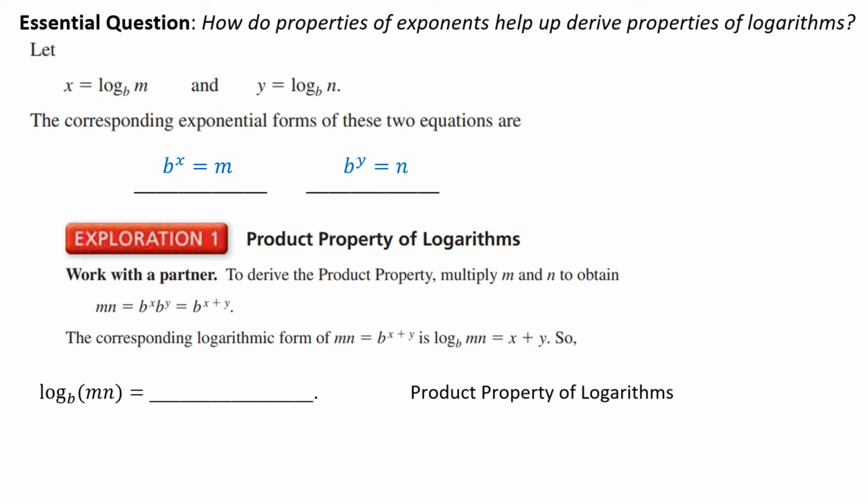In exploration 1, we would like to multiply m times n together. That's equivalent to b to the x times b to the y. And when we multiply with the same base, we add exponents, so that should give us b to the x plus y.